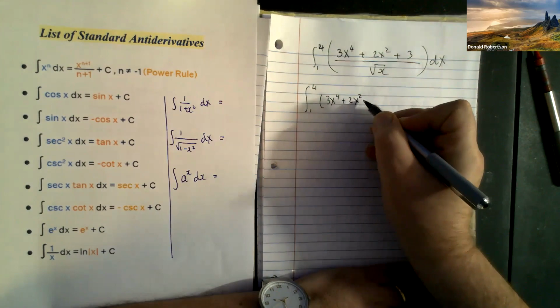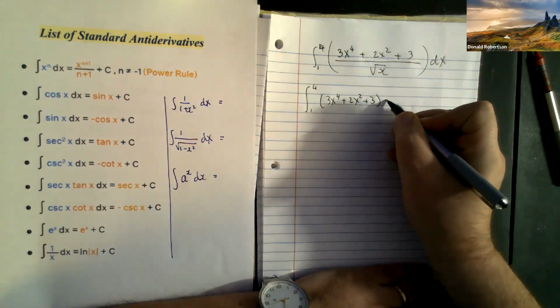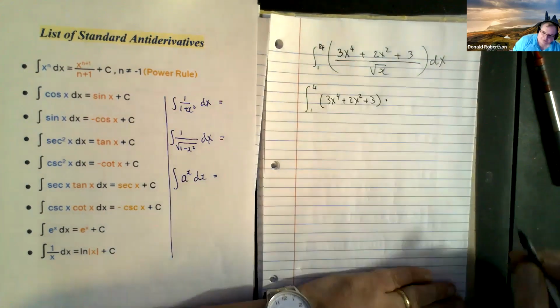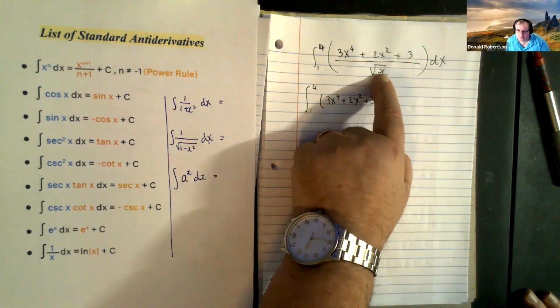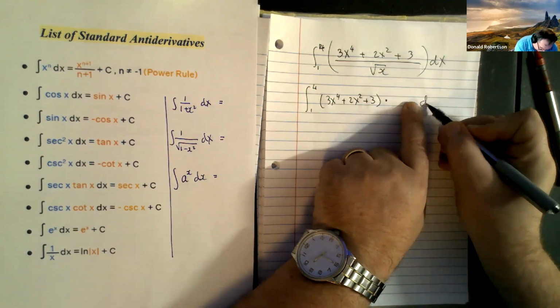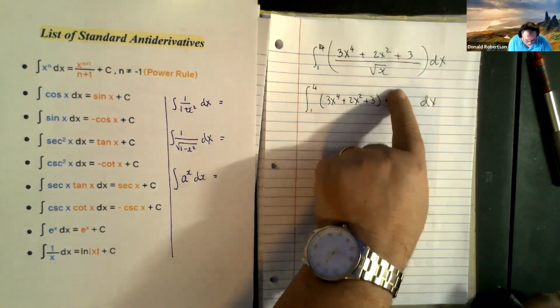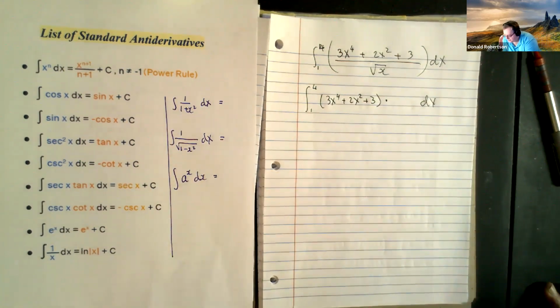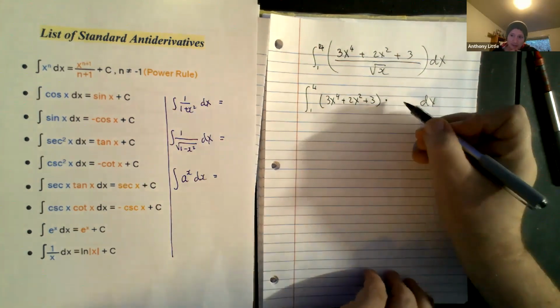This guy's still 2x squared. This guy's still plus 3. What do you think a square root of x on the bottom is going to turn into when I put it as a multiplication here? So what will that become? -1/2. Okay.